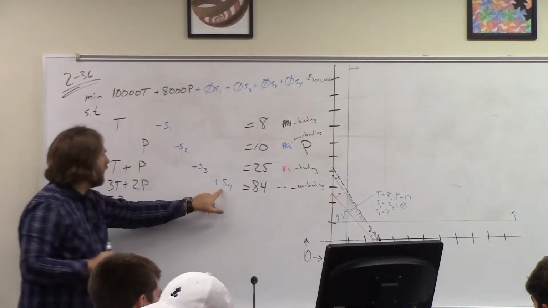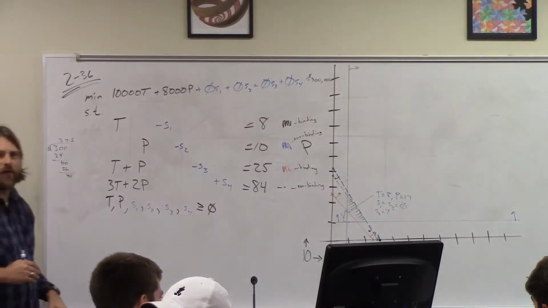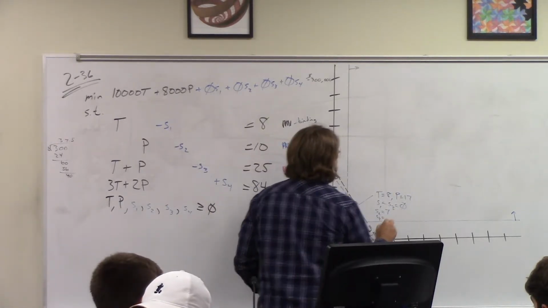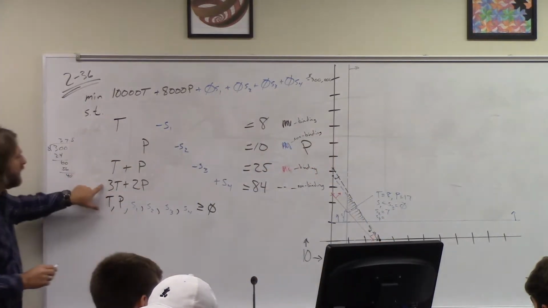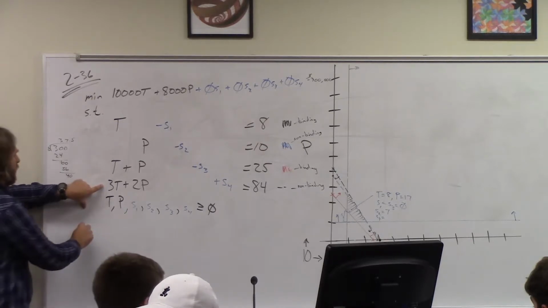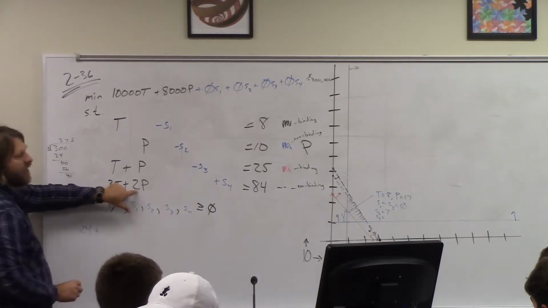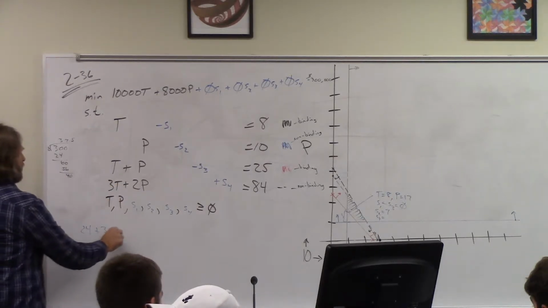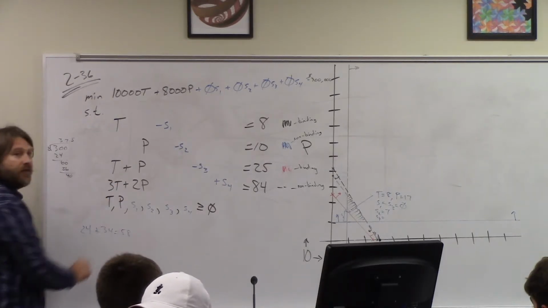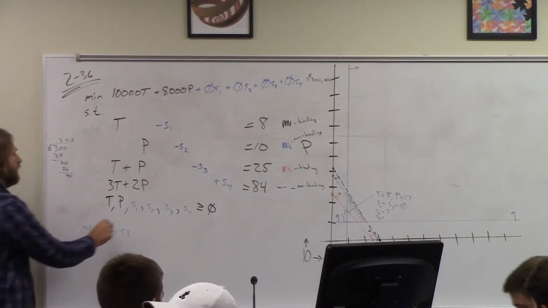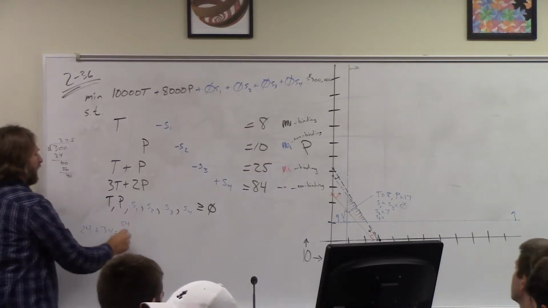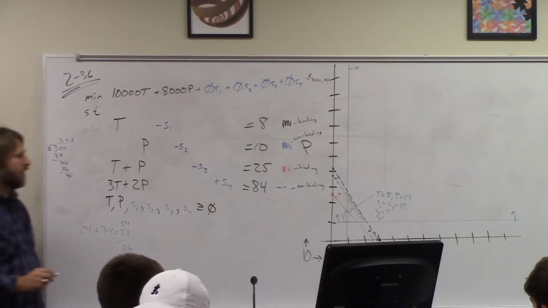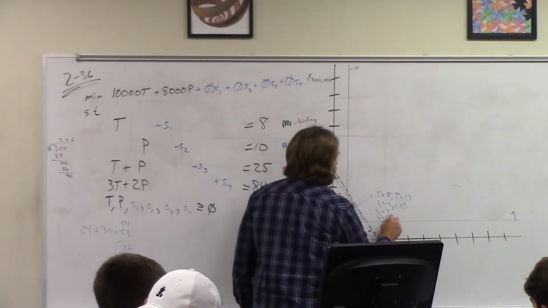How about S4? What's the value of S4? Let's figure it out. 3 times 8 is 24. 2 times 17 is 34. So that gives us 58. Right? So then we can just do 84 minus 58 gets us 26. So S4 is 26.